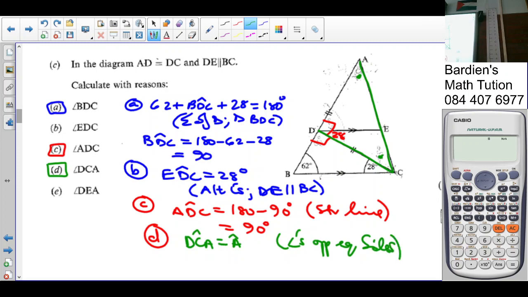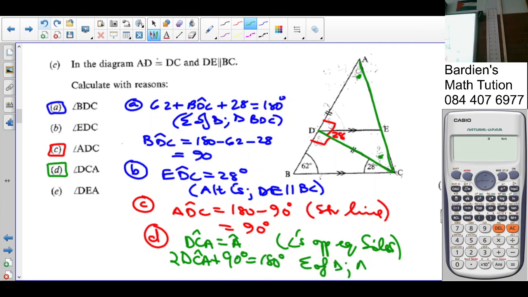So we can say that DCA plus angle A, which is also DCA. The reason why I make it the same is otherwise I'm going to have two unknowns in one line. So I keep it the same so I can have one unknown that I can solve. So that angle here plus angle A plus that 90 degrees adds up to 180, sum of angles in a triangle.